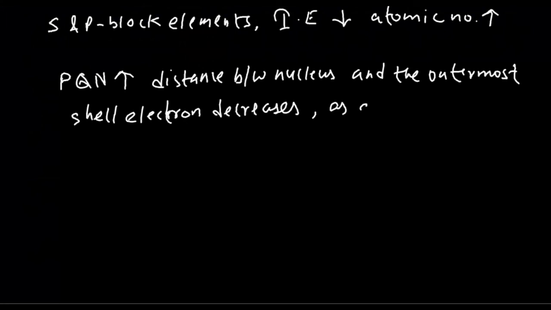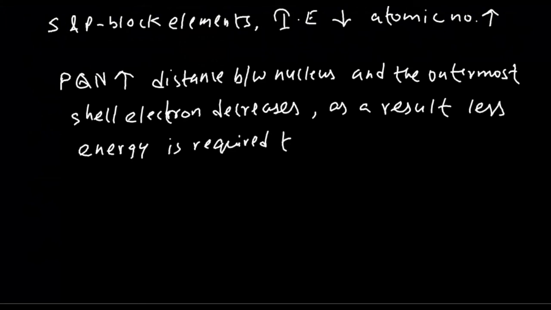As a result, less amount of energy is required to release the electron, right? So that is why the trend is decreasing in nature as we move down the group.